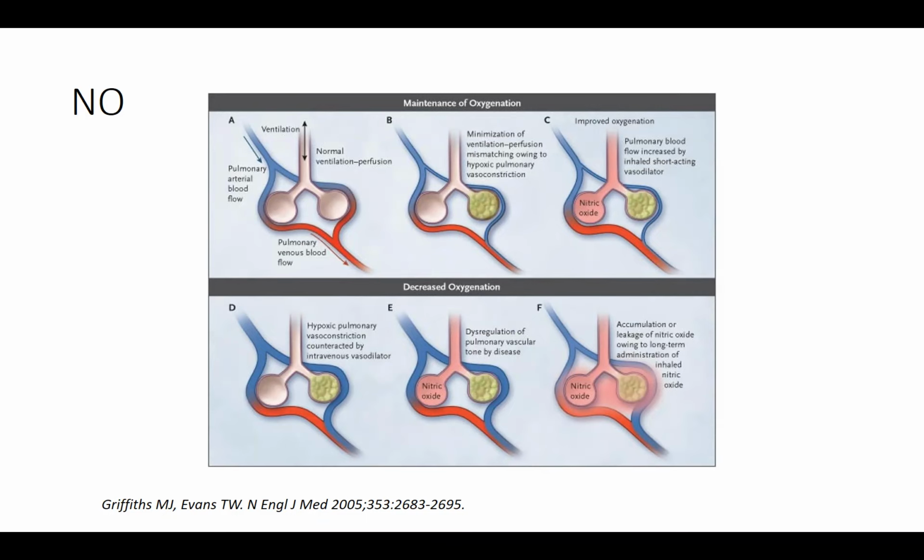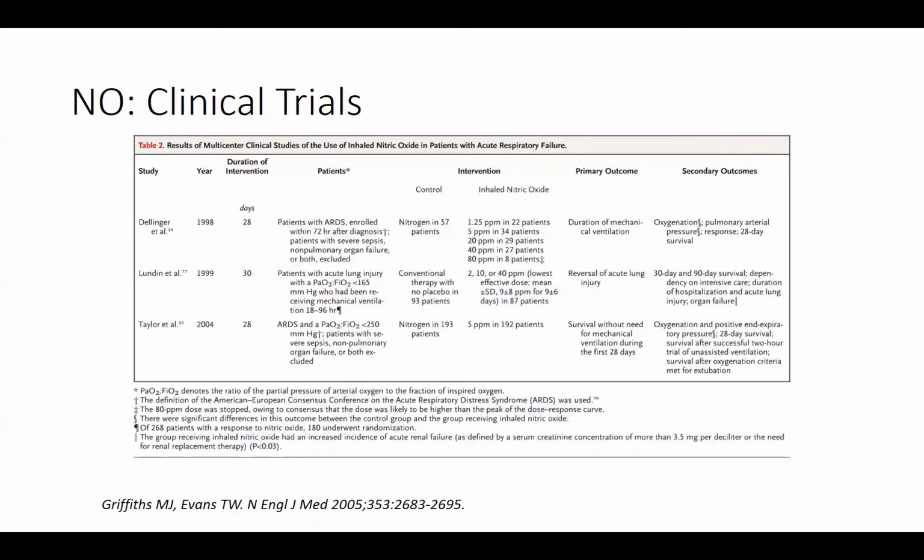Because it's so expensive, a lot of the time people are using prostacyclin instead, which works in a similar way. It's also a pulmonary vasodilator. It's sort of an off-label use. The same intravenous prostacyclin that is used for pulmonary hypertension is nebulized and given in an inhaled form.